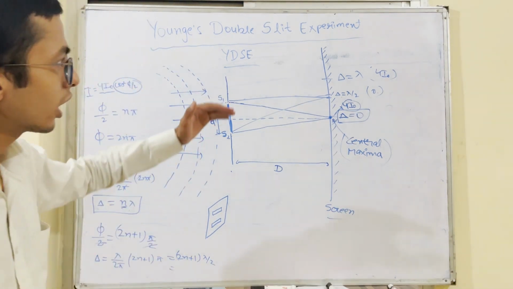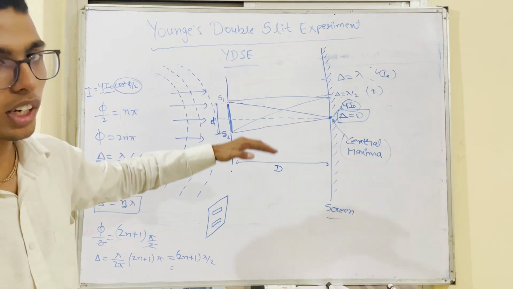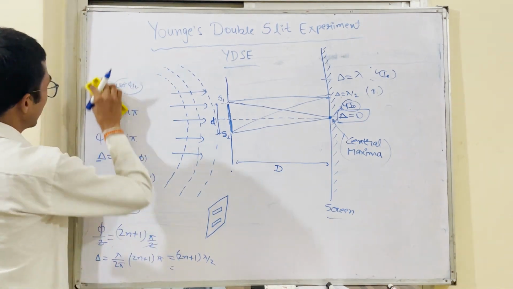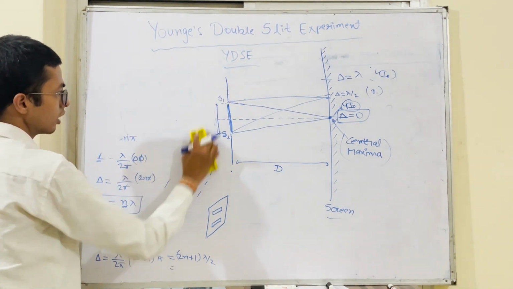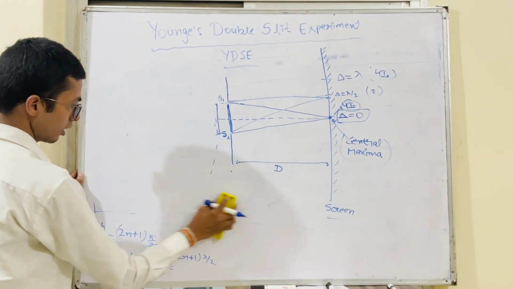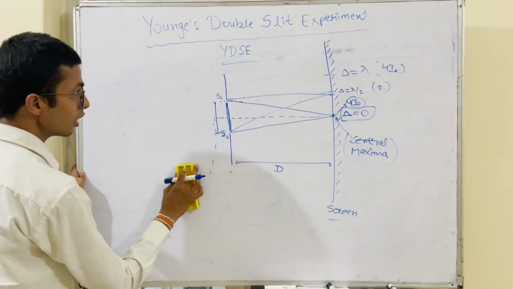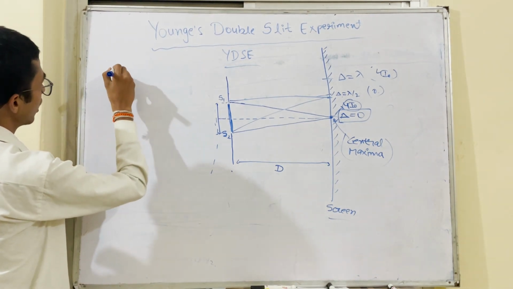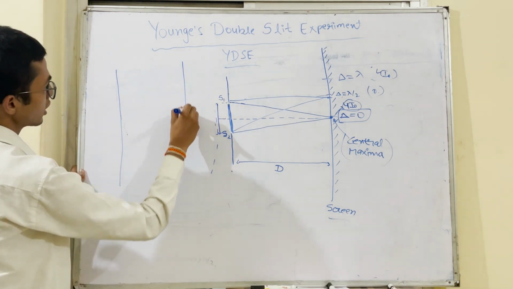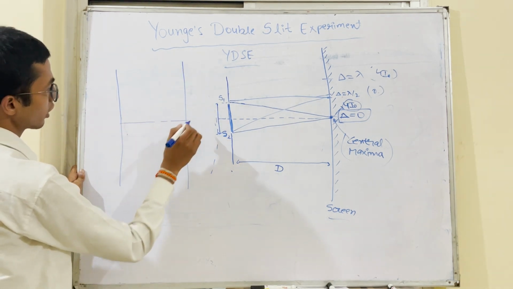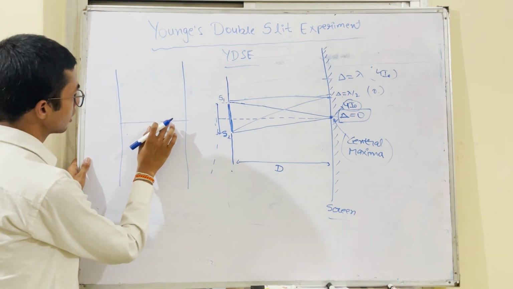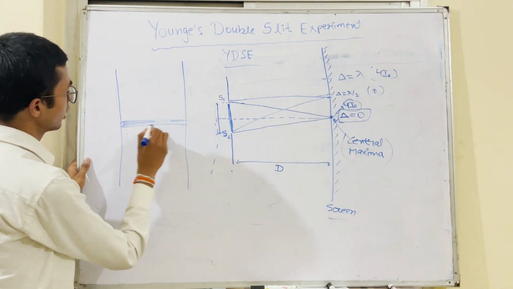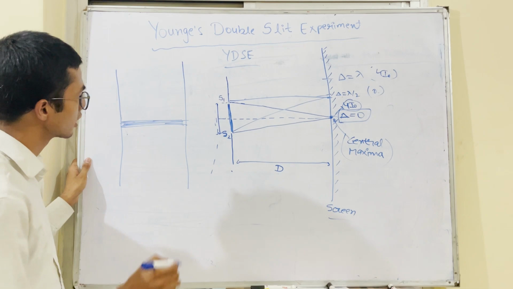So how will the pattern become on this screen? Let me just show. This is the screen and this is the center line. So if this area is bright, consider this blue line as the bright region.